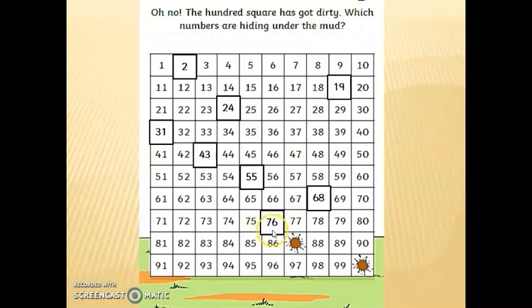There you go, as you can see in front of you. 77, 78, 79, 80, 81, 82, 83, 84, 85, 86. After 86, well done, if you all say 87, 88, 89, 90.